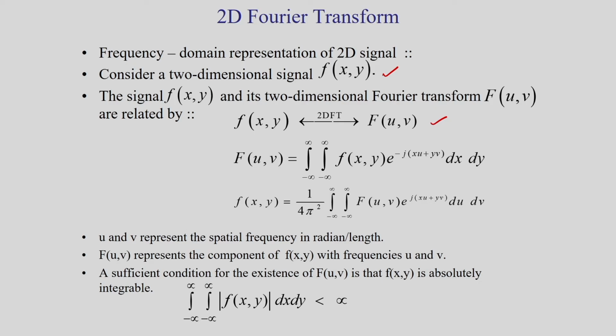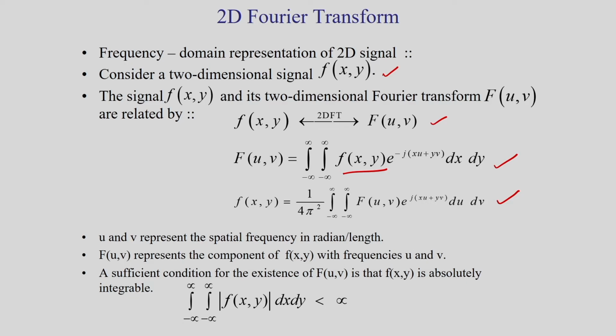This is my DFT formula in the continuous domain. F(u, v) I can get from the integral of f(x, y) e to the power minus j (xu plus yv) dx dy, and this is my inverse Fourier transformation.